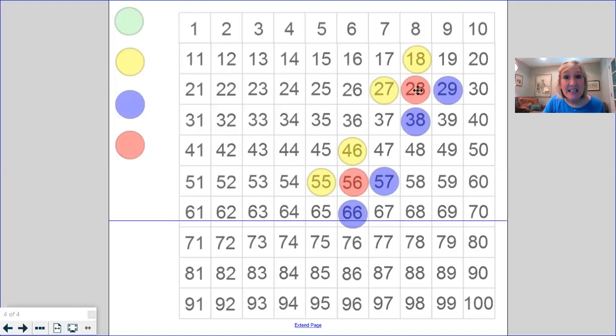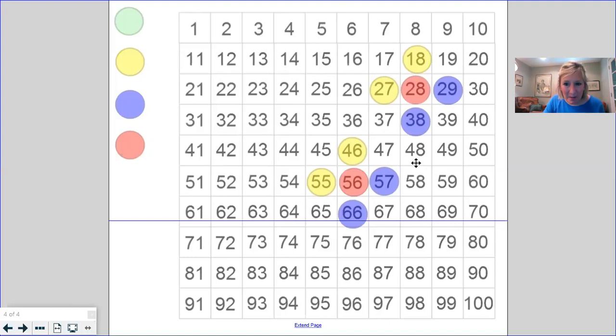The same with the tens. If I wanted to know what is, let's say, 3 tens more than 28. 3 tens, 3 groups of 10. All I would do is move down 3 spaces. So I would say 28, 10 more than 28 is 38, 2 tens more is 48, and 3 tens more is 58.